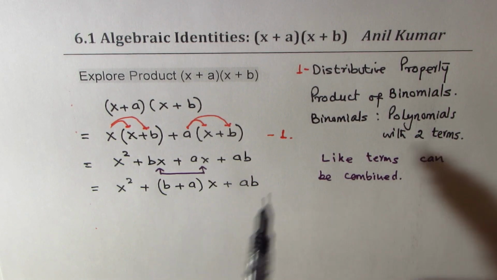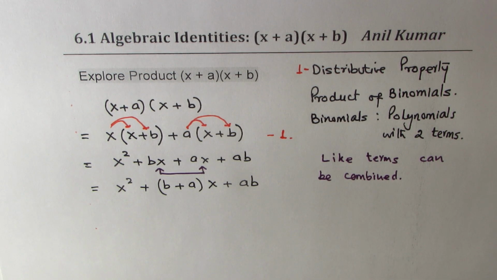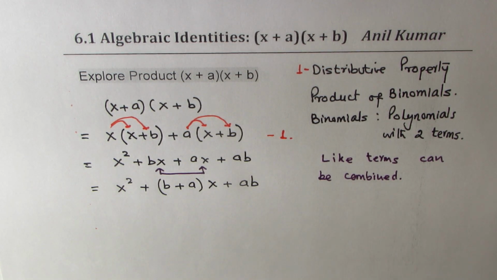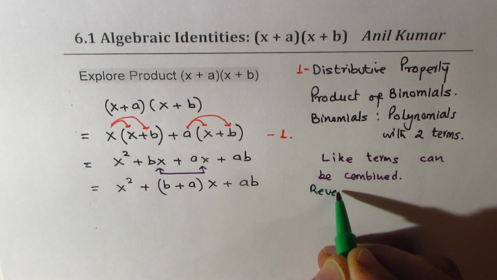Now this is kind of reverse of distributive property, correct? So we factored this. So this property here is reverse of distributive property, right? So we just did reverse operation, right?